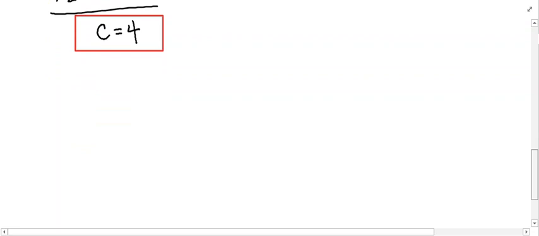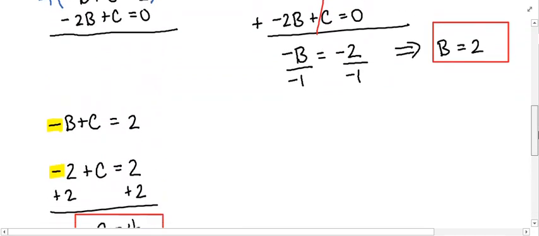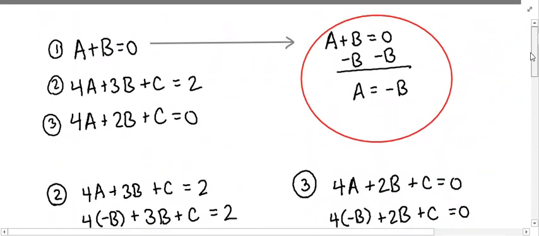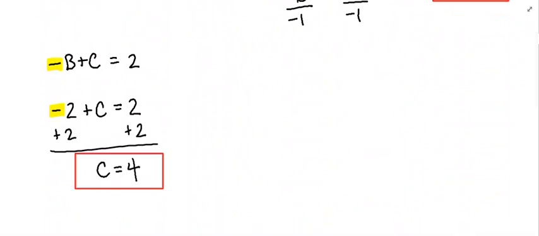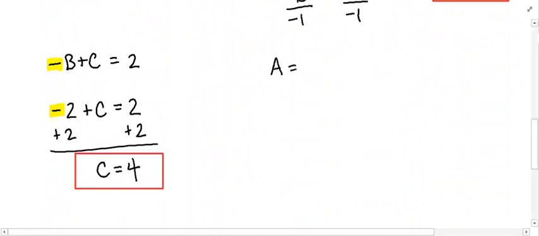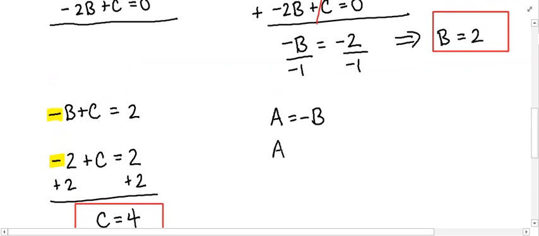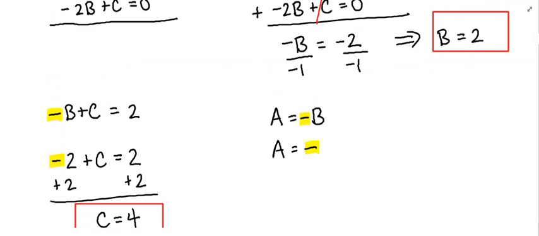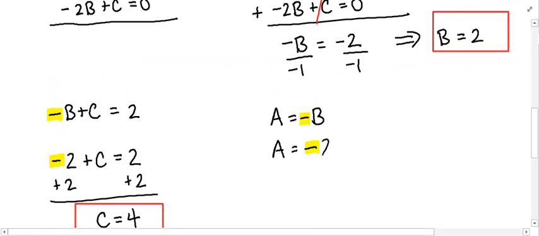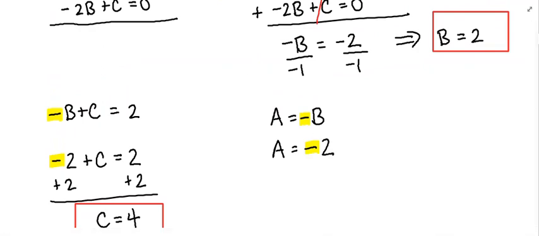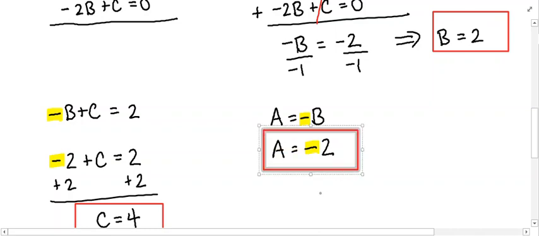So I'm going to go ahead and write this down: a has to equal negative b. At this point, a has to equal, this negative sign is going to stay right here, and then I write down b is positive 2, so we get that the a value here is negative 2. So we've got the a, b, and the c.